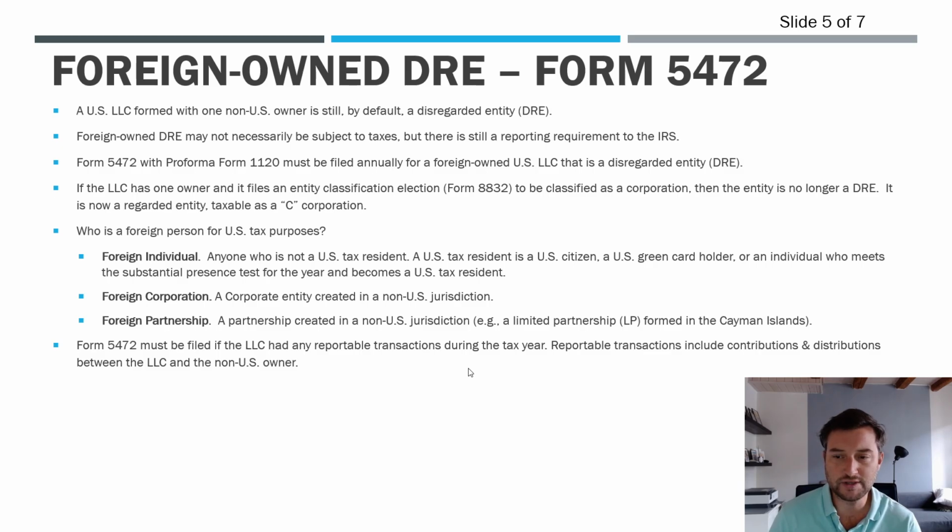Now, the reportable transactions, it's a bit confusing in this context because you're not really reporting income and expenses of the LLC. You're reporting movements of cash or property between the LLC and the foreign owner. So to the extent the foreign owner contributes cash to the LLC as a capital contribution, or they take out distributions, that kind of information is reported on the 5472.